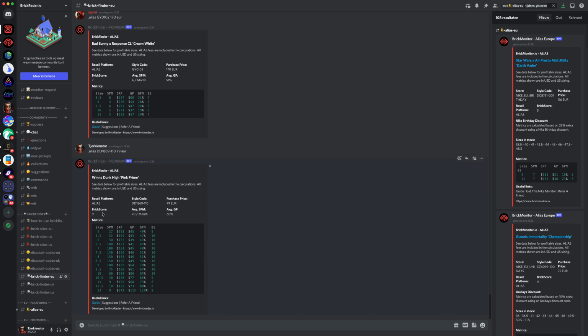So for example, the shoe has been selling for $161, but now if there are a lot of undercutters at, let's say, $100, then this will have a huge effect on the brick score. So the brick score will then be lower. So this is all included in the brick score, and it basically gives us the possibility to quickly determine if a shoe is very good or very bad with one look, right?